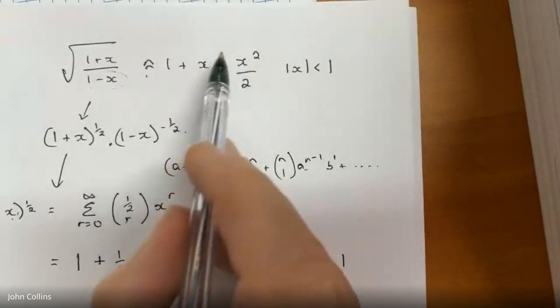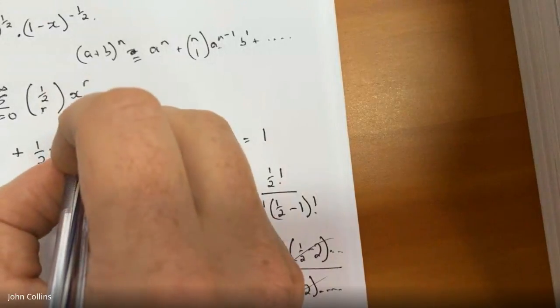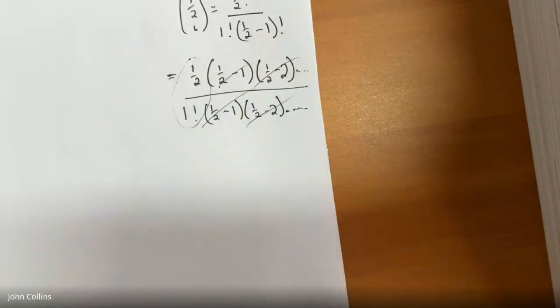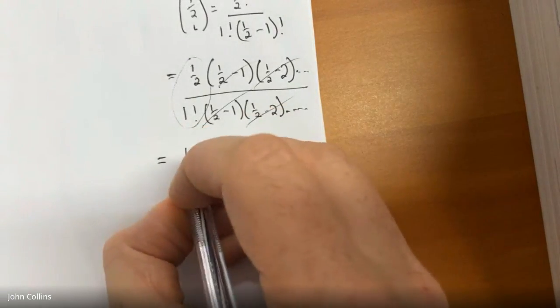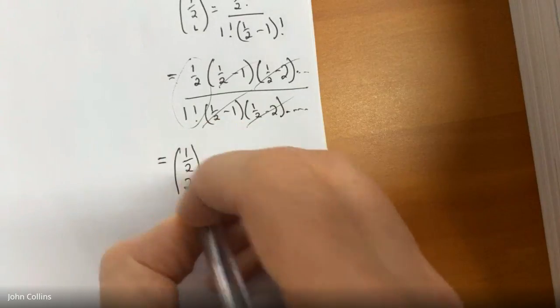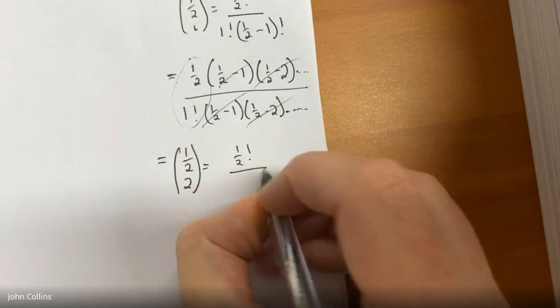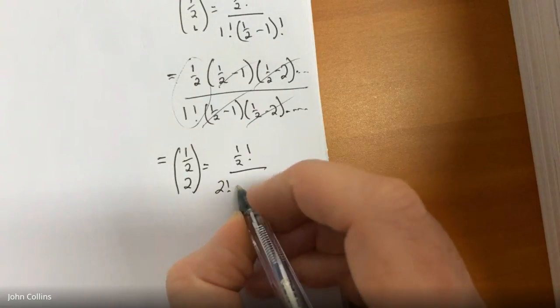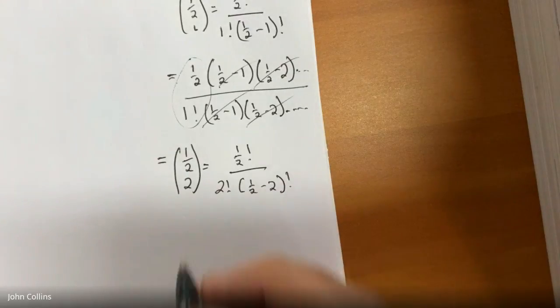We only need to go up as far as the x squared term, so we only need to do 1 more. Let's do it the slow way, and for the second expansion we'll do it the quick way. So it's a half choose 2 this time, which is going to be, I'm doing this slowly, a half factorial all over 2 factorial, and then a half minus 2 factorial from the same formula we just used.